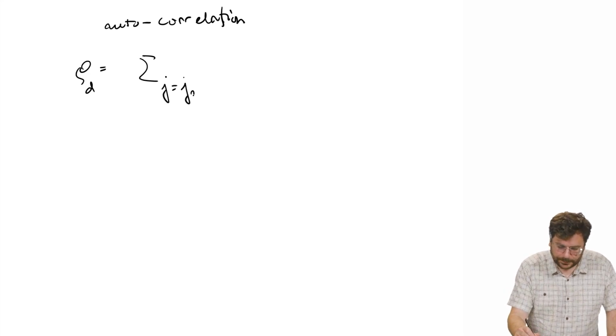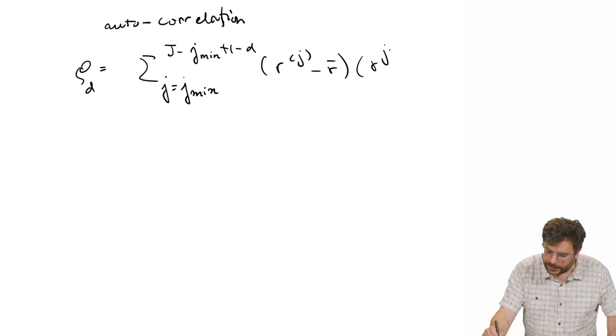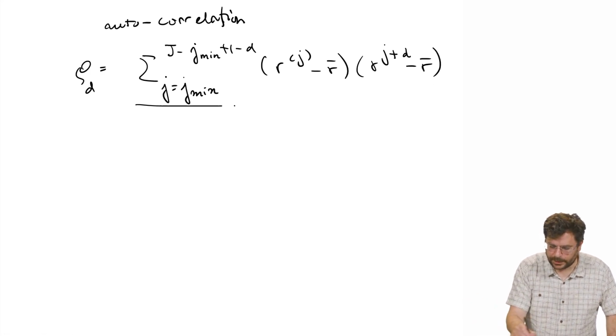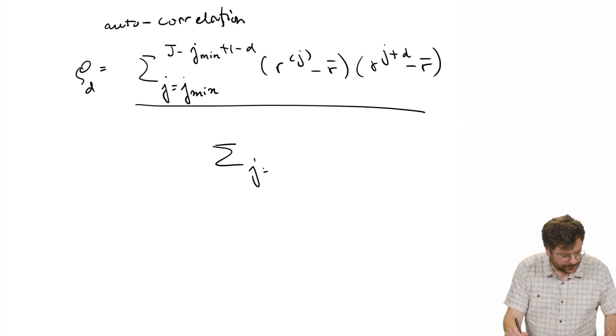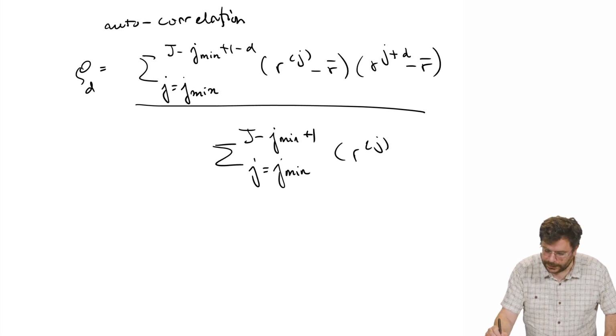So we start with some j min, the sum from j min to J minus d of r of j minus r bar, which we'll define in a second, times r of j plus d minus r bar, divided by the sum from j min to J of r j minus r bar squared.